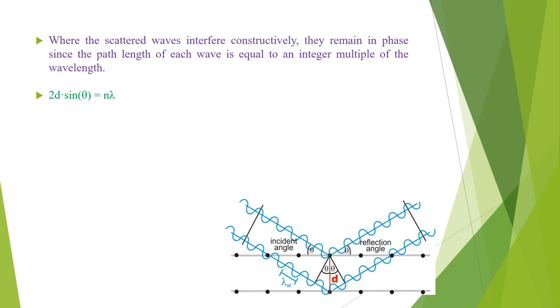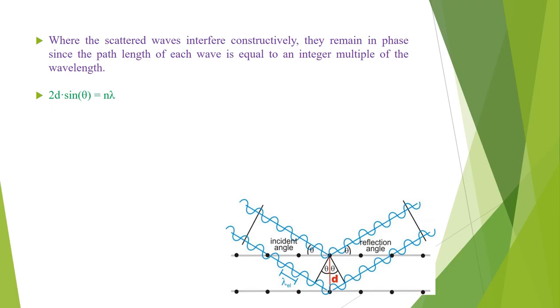The path difference between the two waves undergoing constructive interference is given by 2d sine theta, where theta is the scattering angle. This leads to Bragg's law, which describes the condition for constructive interference from successive crystallographic planes of the crystalline lattice.